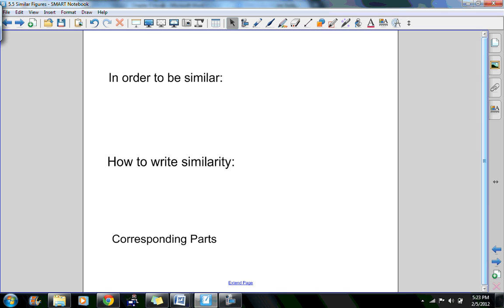Okay, in order for shapes to be similar, there are 2 things that need to be true. Number 1, all corresponding angles must be equal.